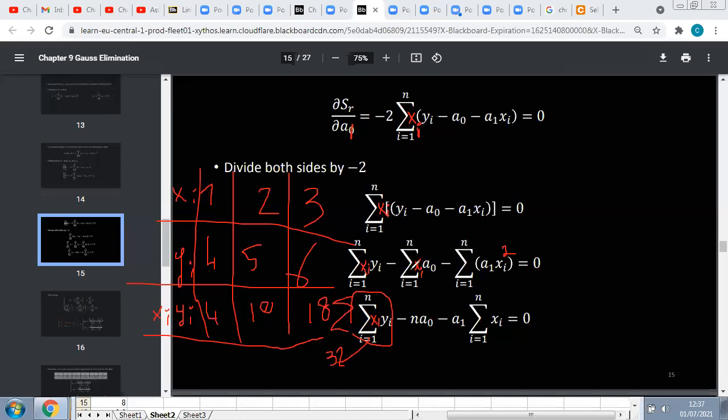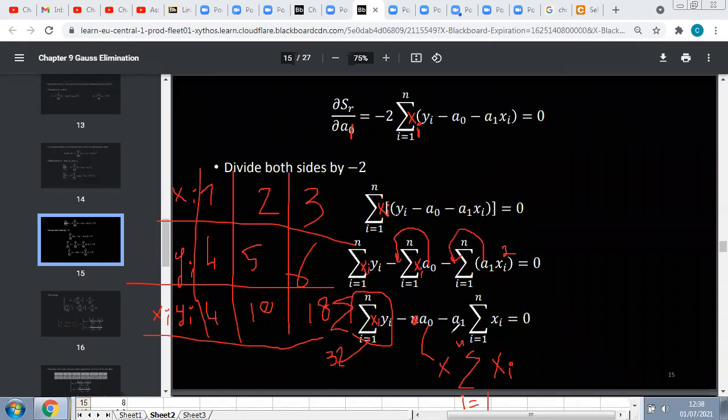Okay. The second term is the sum of xi a0. Again, since a0 is constant, I take it outside, so instead of n I get a0 times the summation from i going from 1 to n of xi, which I already found in the previous step. And finally, for the last term, a1 is constant and comes outside.